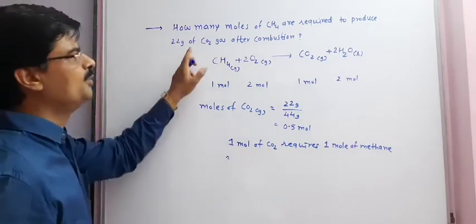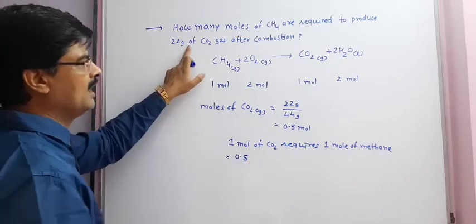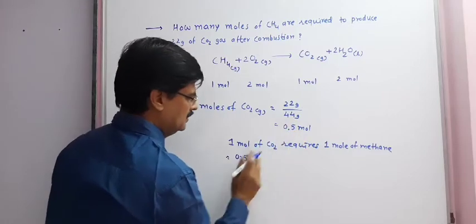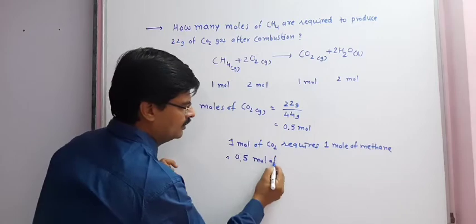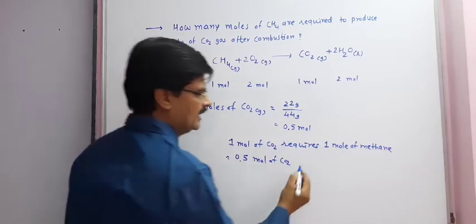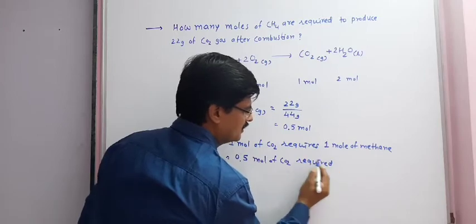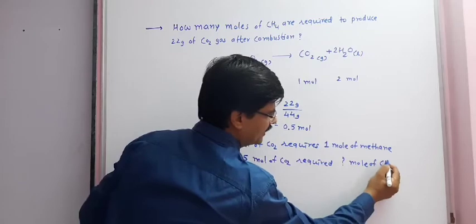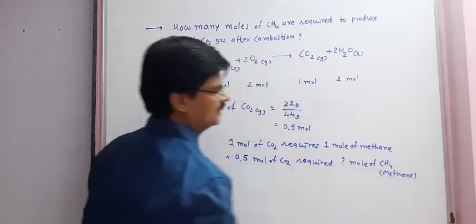Therefore, 22 gram of carbon dioxide is equal to 0.5 mole. So to produce 0.5 mole of carbon dioxide, what mole of methane, CH4, is required?